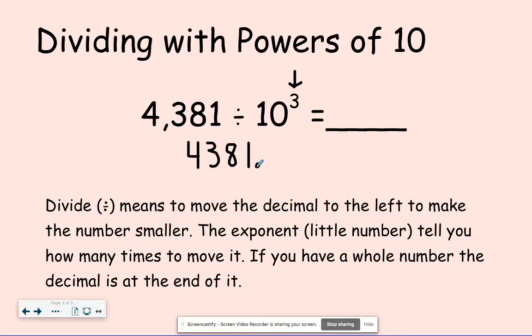So in order to make it smaller, I've got to move to the left. There's 1 digit, 2 digit, 3 digit. So right here is where my new decimal's going to go. So it's no longer here. It's now right there. So my answer ends up being 4.381, which is very small compared to 4,381.